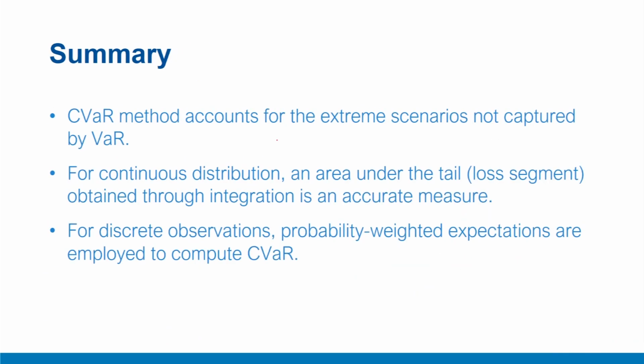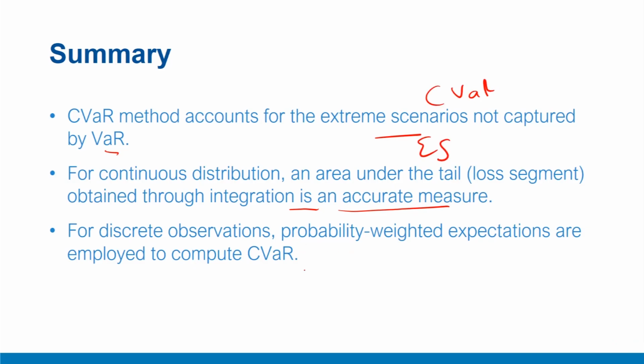To summarize this video, we noted that the CVaR method accounts for extreme scenarios that are not captured by VaR levels. For continuous distributions, the area under the tail segment, which is essentially the loss segment, obtained through integration, is a very accurate measure of that expected shortfall or conditional VaR measure.